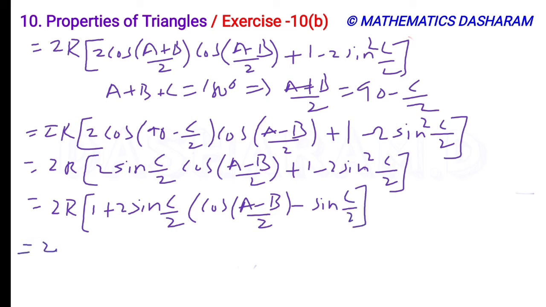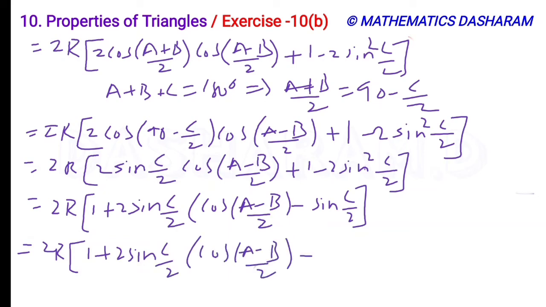So it is equal to 2R bracket of 1 plus 2 sin C by 2 into cos (A minus B) divided by 2 minus sin C by 2, which can be written as sin of 90 minus bracket of (A plus B) divided by 2.